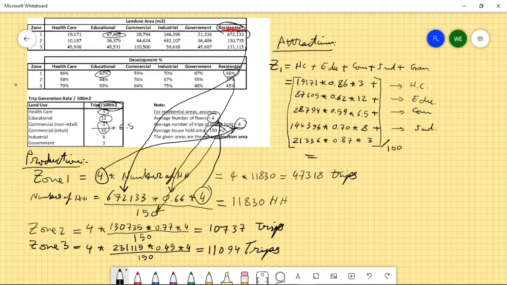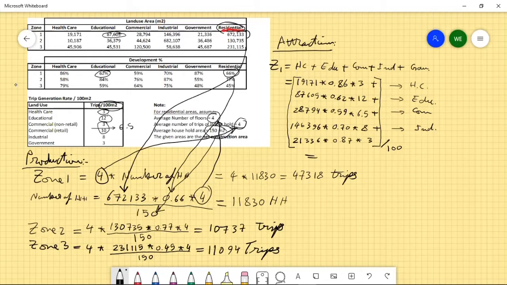Okay, let's do the calculation. 19171 multiply 0.86 multiply 3 plus 87605 multiply 0.62 multiply 12 plus 6.5 multiply 0.59 multiply 28794 plus 8 multiply 0.7 multiply 146,396 plus 3 multiply 0.87 multiply 21336 divided by 100.